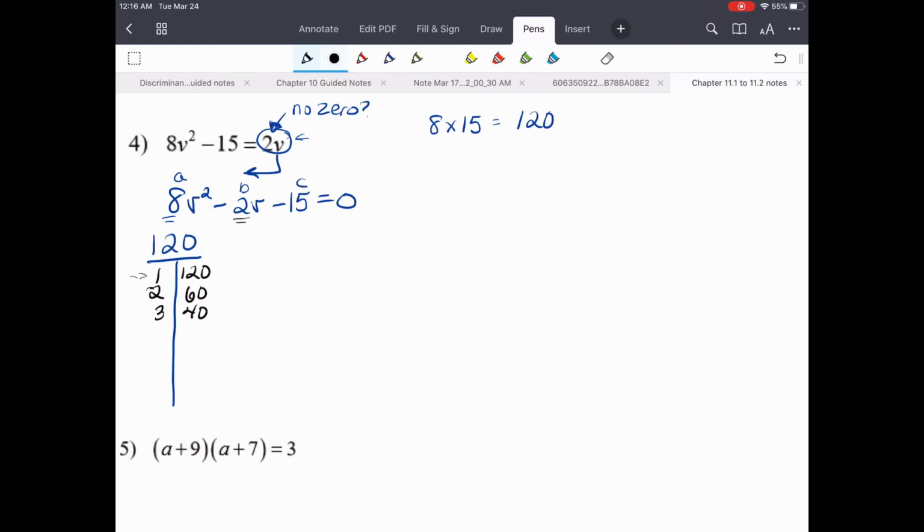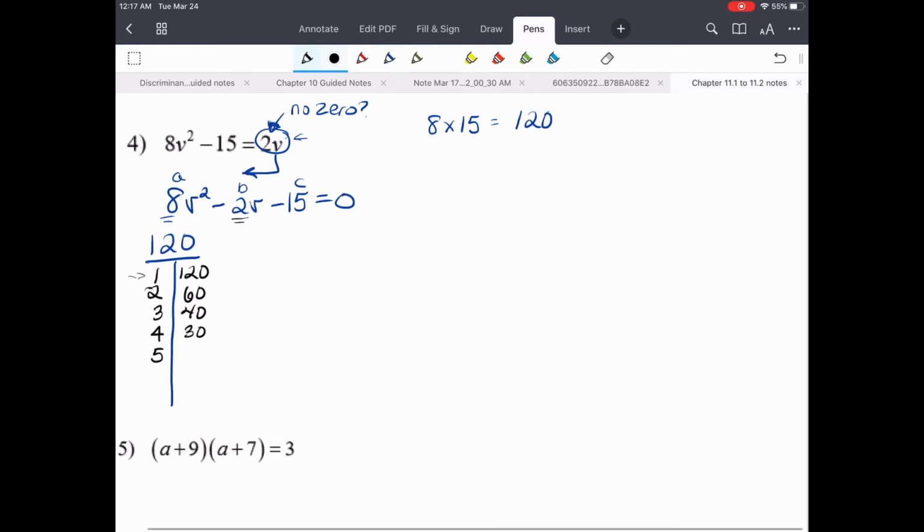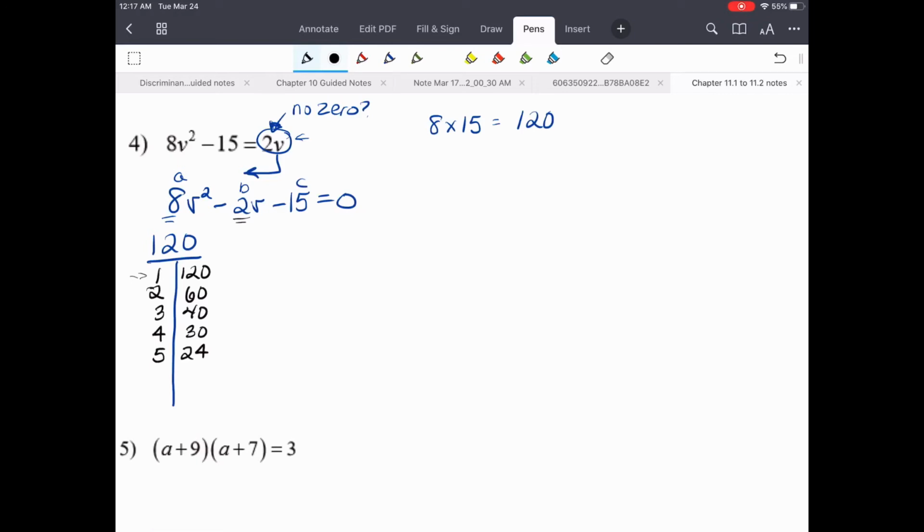So I haven't seen any numbers that are going to give us a difference of 2. 3 and 40 can give us a difference of, at the most, 37. And so then we've got 4 and 30. We've got 5 and 24. We've got 6 and 20. 7 does not work. 8 will work because we just used that.